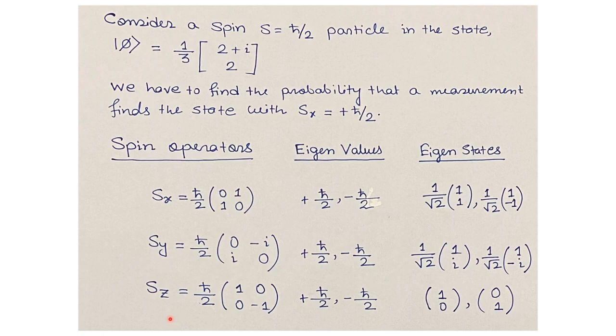And the spin operator Sz has the form h cut by 2 times the matrix (1 0, 0 minus 1). The eigenvalues are plus h cut by 2 and minus h cut by 2, and the corresponding eigenstates are (1, 0) and (0, 1) respectively. These three matrices are known as Pauli matrices.